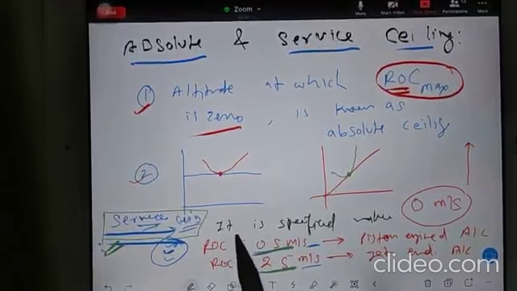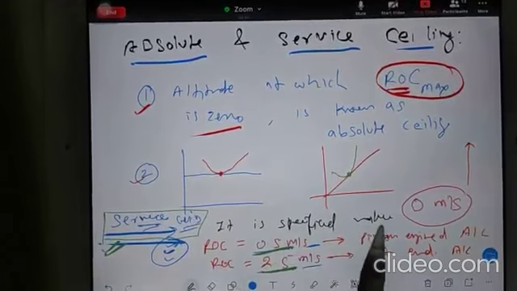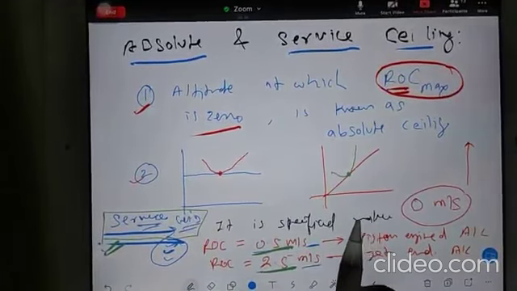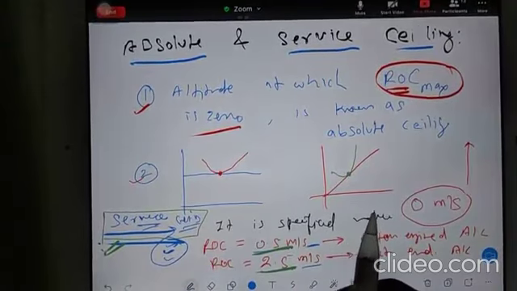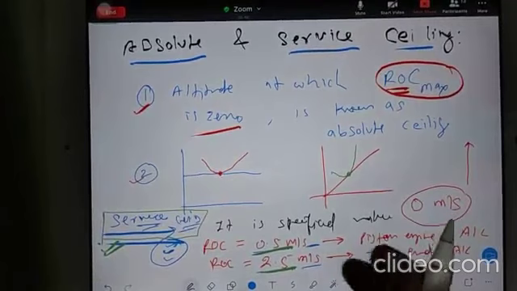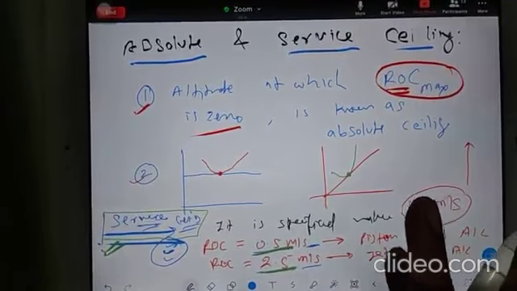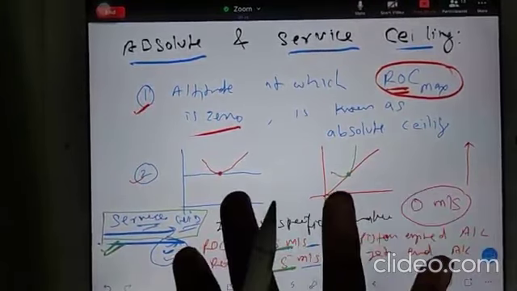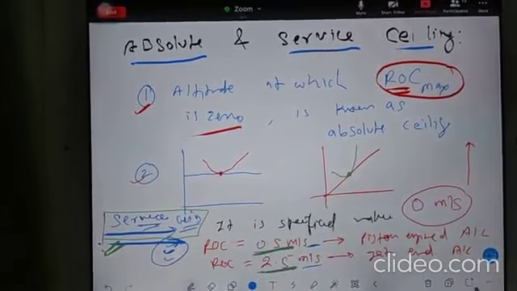Now see guys, we have to bother about the variation of weight. Like if you have a heavier aircraft, then it will affect service ceiling and those things. Actually your rate of climb is all about minimum power. Mostly we are talking about this plane. I will change the page.